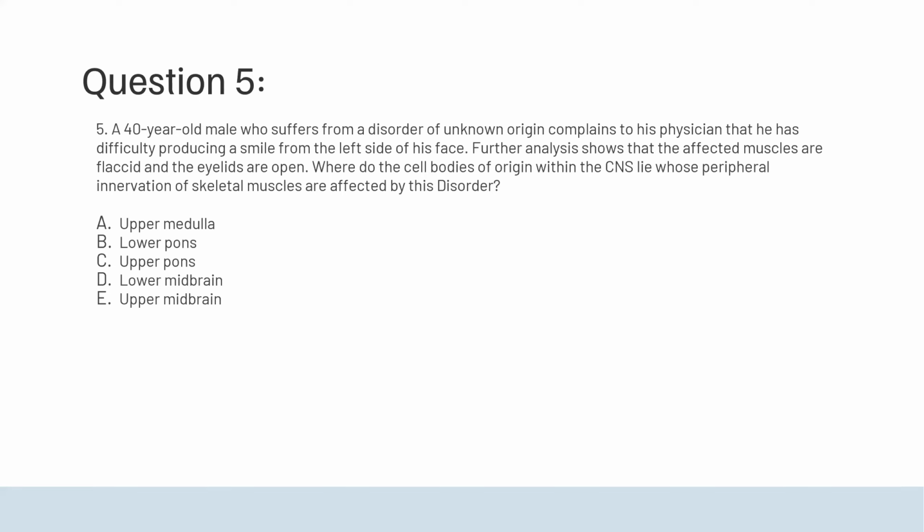The eyelids are open, and then he is unable to produce a smile from the left side of his face, the facial nerve. Exactly. Would this be the upper motor neuron lesion or a lower motor neuron lesion? Lower. Perfect.